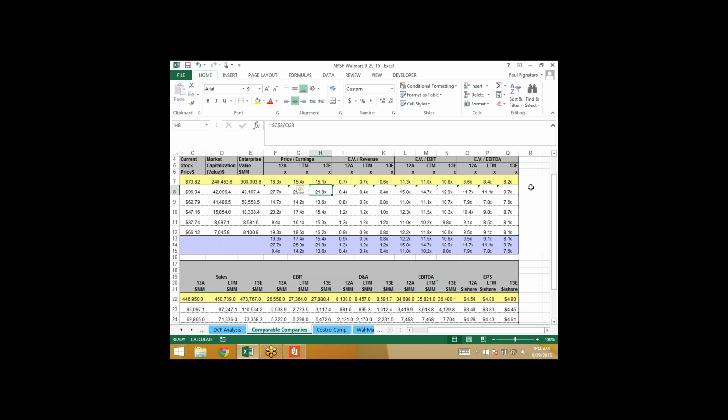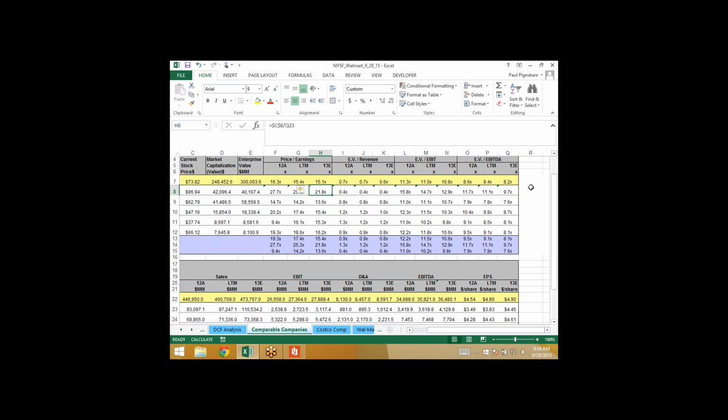You're comparing the stock price, which investors set after lenders have been paid, to earnings or net income, which is a number after lenders have been paid, after interest. And so companies that might have varying capital structures might not be comparable to each other. So that's why you might see major swings in PE multiples in companies within the same industry, but you won't see those swings in enterprise value to EBITDA.